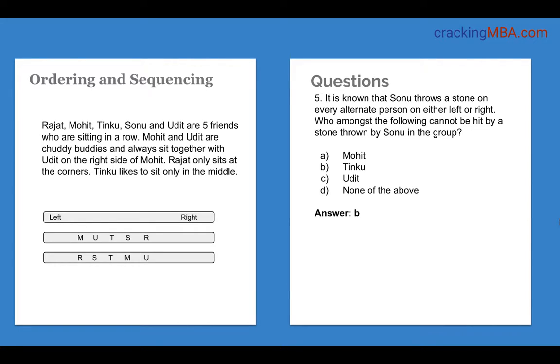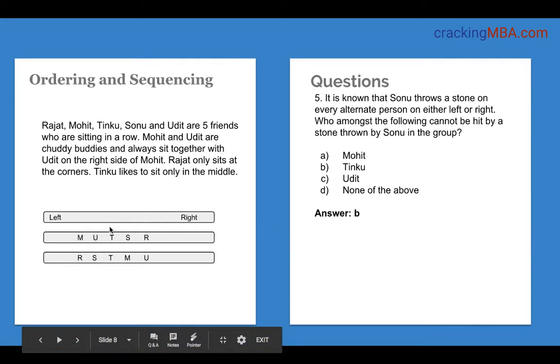So if we see the seating arrangement, we can see that Sonu can throw a stone either on Udit over here, or on Mohit. But he cannot throw a stone on Tinku, who sits beside Sonu, or on Rohit, who also happens to sit beside Sonu. So both Rohit and Tinku cannot be hit by a stone, and if you look at these options, the correct answer is Tinku, because Rohit is not mentioned here, and hence the answer is Tinku.